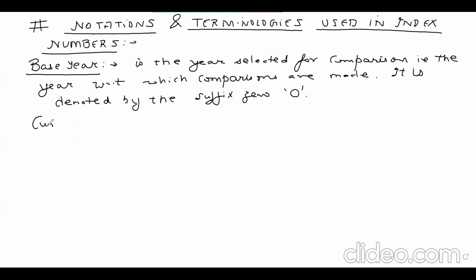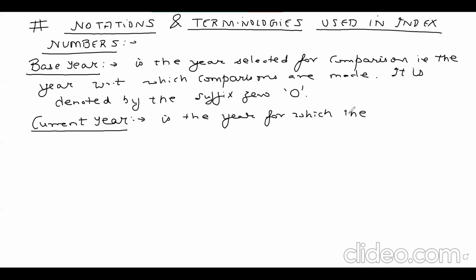Okay, let's look at the current year. Current year is the year for which the comparisons are sought or required. So current year is that year for which we are going to make comparisons.